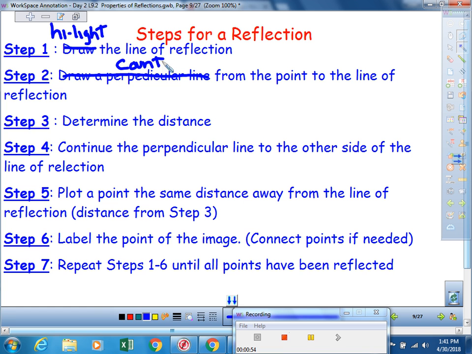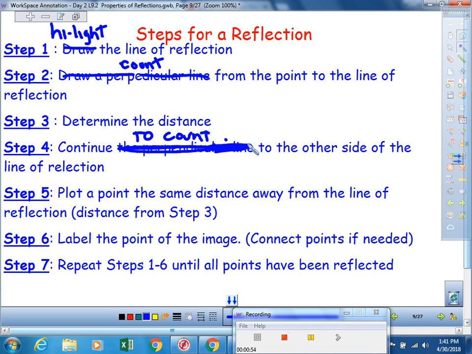So we're going to count. And then we're going to determine the distance. So you count 1, 2, 3, 4 to the line. And then you continue to count to the other side of the line of reflection.